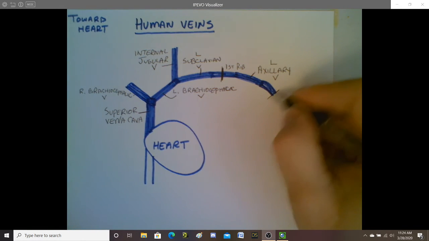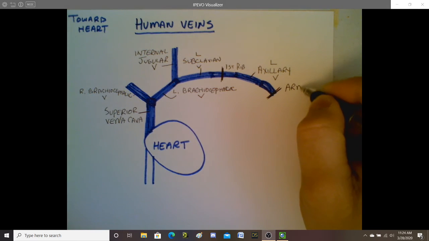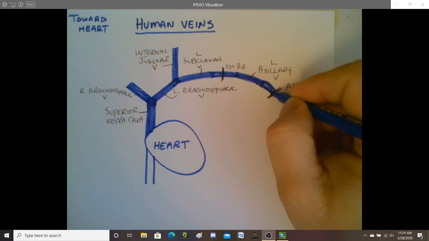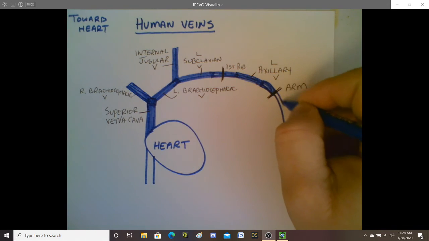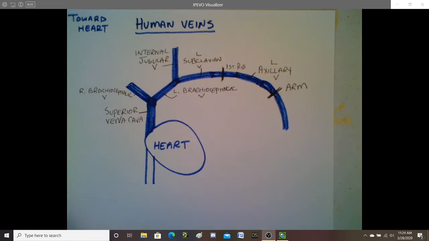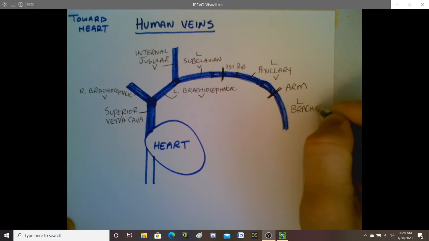So once we're in the arm, then it becomes the brachial vein, just like in the arteries. This is why you really have to make sure you tell me left and right and artery and vein. Alright, so this will be the left brachial vein.